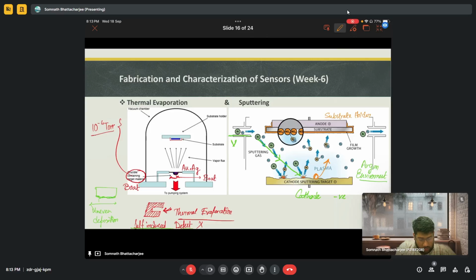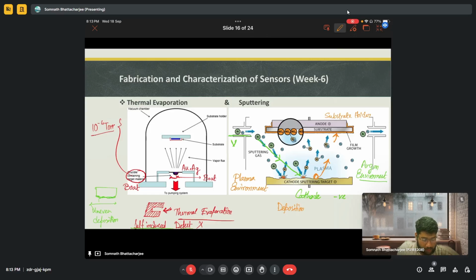So these particles directly hit here, and they just get deposited. What is the major issue with this? This is also happening inside a plasma environment as well.